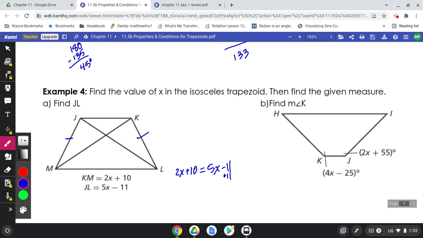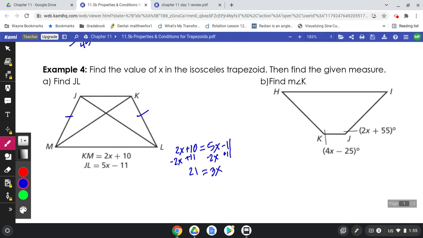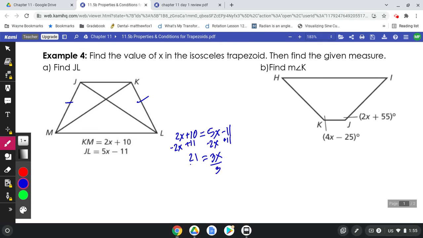Add 11. 21 equals 3x. We'll divide by 3. X equals 7.